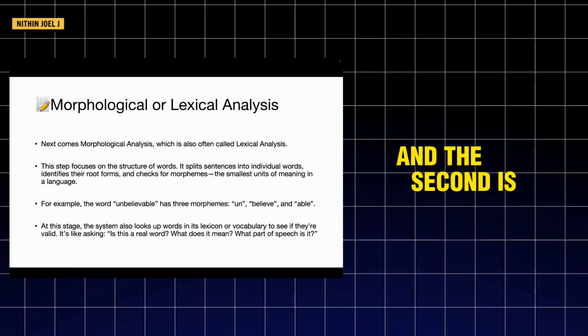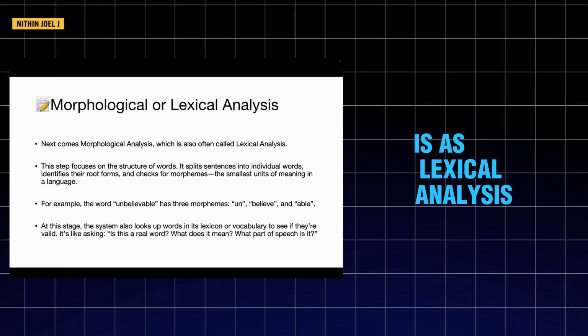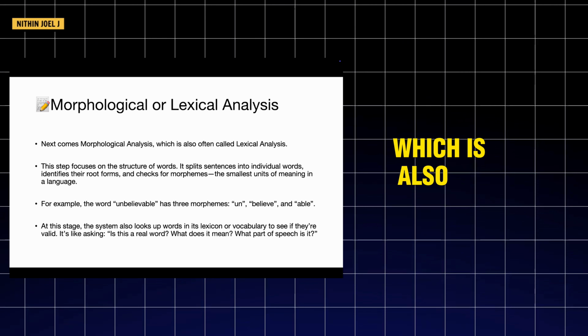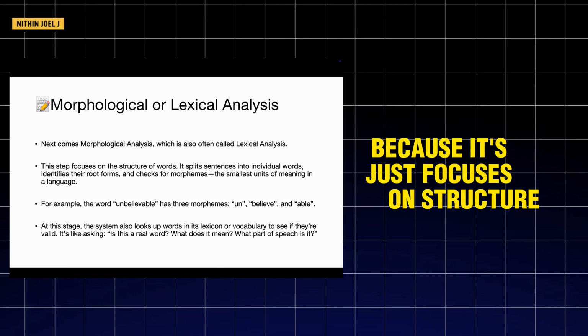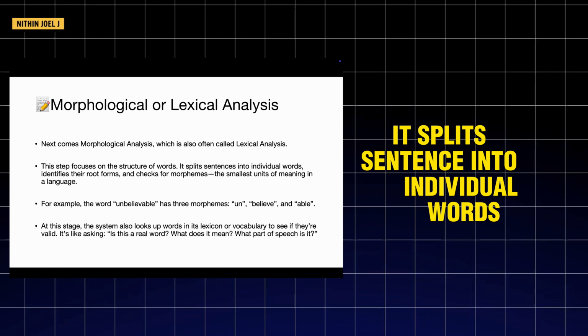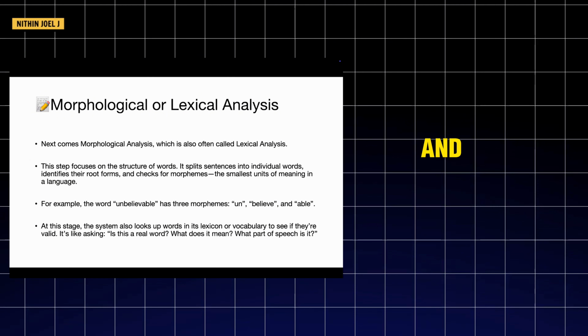And the second is morphological, or you can say lexical analysis. Morphological analysis, which is also called lexical, focuses on the structure of words. It splits the sentence into individual words, identifies the root forms and checks for morphemes, the smallest units of meaning in a language.